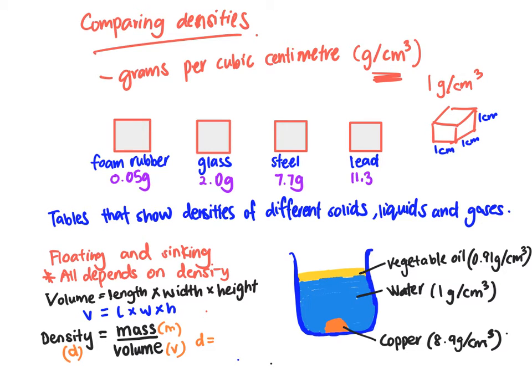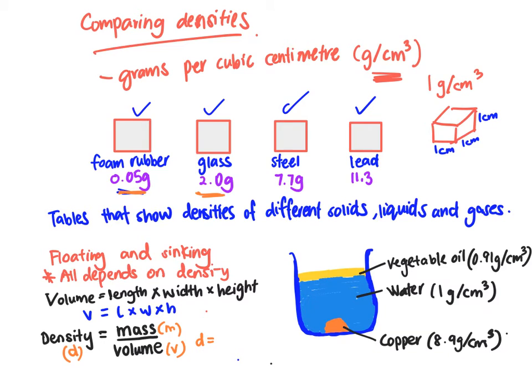Here I have 4 different cubes. The first one is foam rubber. The next one is glass, followed by steel and lead. As we can see, they all have the same size. However, you will notice the weight is a lot different.